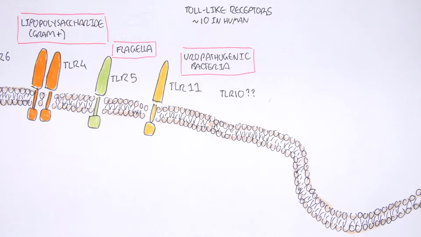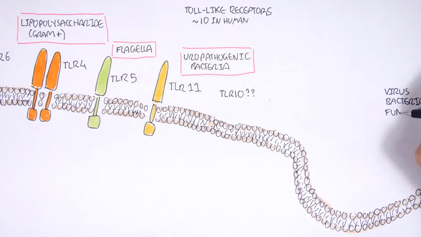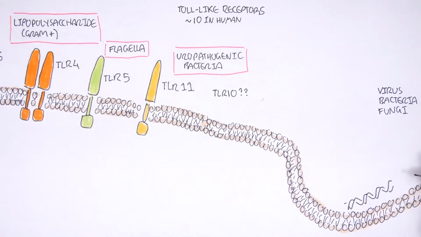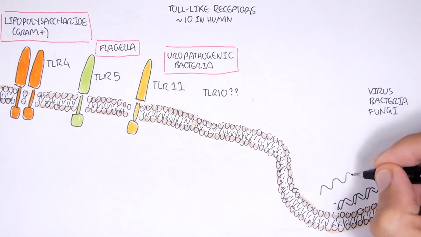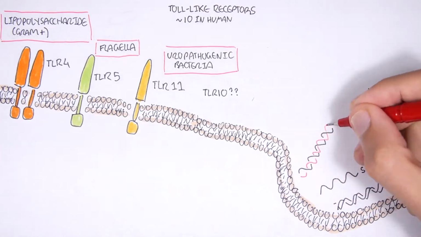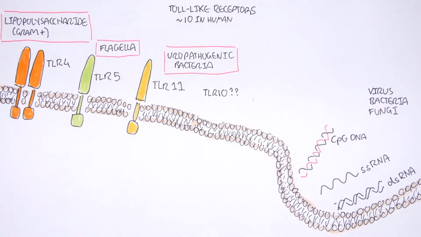So, the story is, viruses, bacteria, or fungi contain their own genetic material, such as double-stranded RNA and single-stranded RNA in viruses, as well as CpG DNA in bacteria, for example. Now, CpG DNA essentially is DNA that contains cytosine and guanine dinucleotides that are unmethylated, but you don't have to know that much detail. Just know it's DNA.